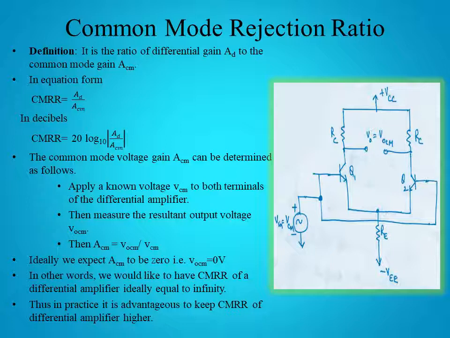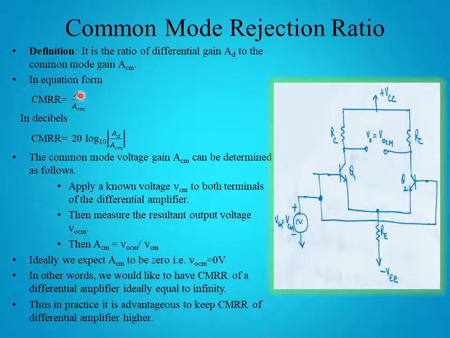So if ACM is 0, then what will CMRR be? CMRR will be infinite. So this is the ideal case, and ideally CMRR will be AD upon ACM. If ACM is 0, CMRR is infinity.